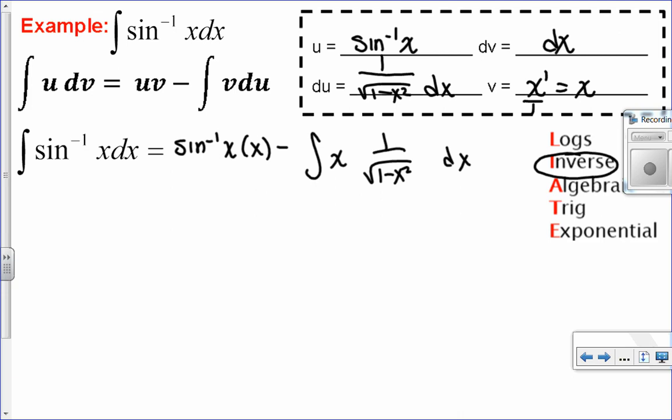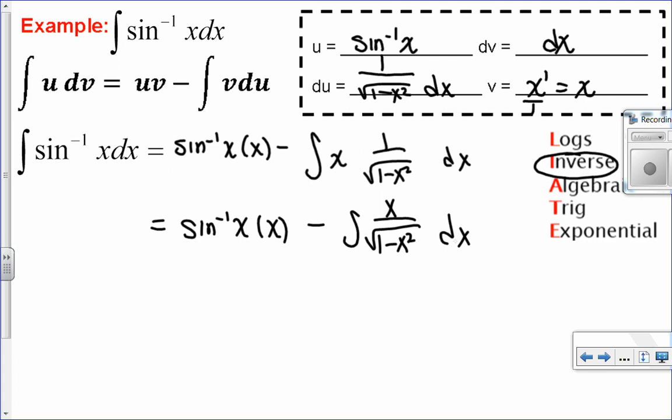Okay, so we're going to look at this. Now, to simplify this, I kind of go back to what I did in my last lesson. So let me just tidy this up first so you can see it. So this is sine inverse of x minus the integral of x over the square root of 1 minus x squared dx.